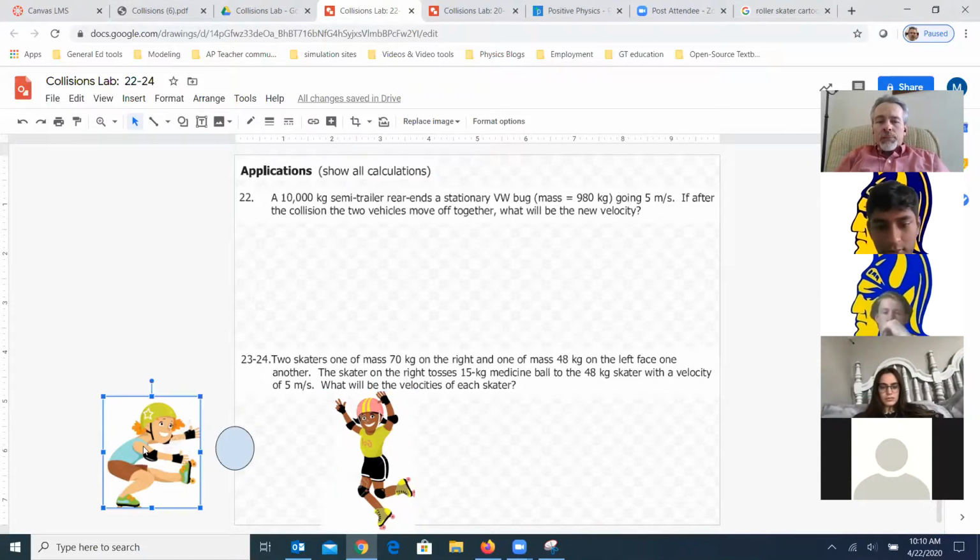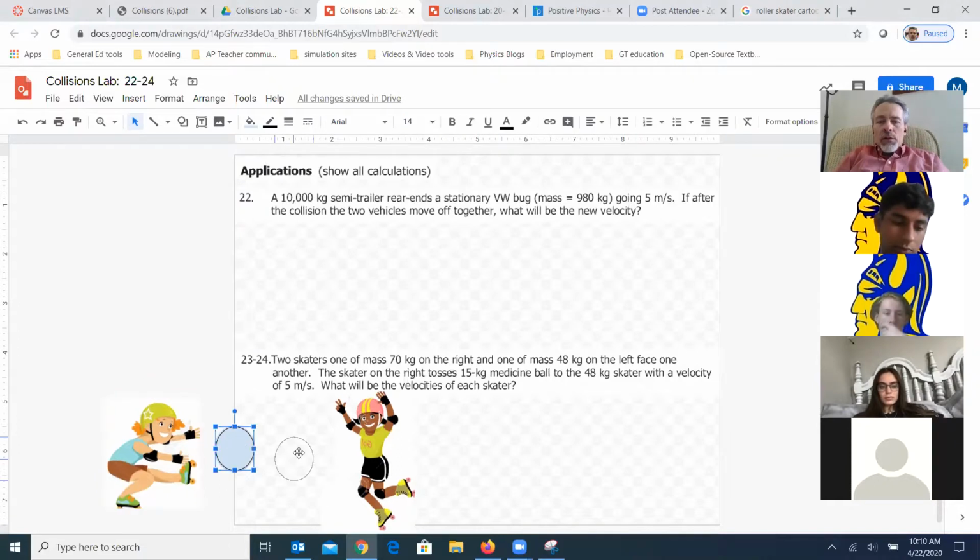The skater on the right tosses a ball, this direction, to the 48 kilogram one, who's going to catch it. And you're trying to figure out their velocities after all's said and done.